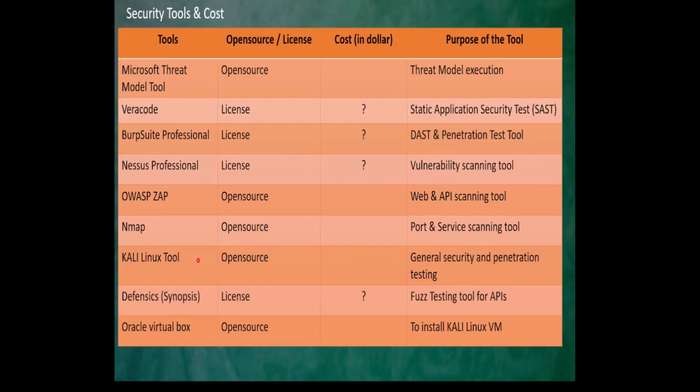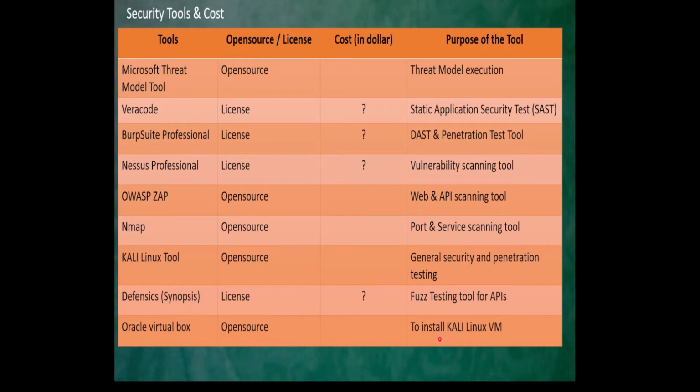Nmap open source. Kali Linux tools also open source. The purpose of the tools I also mentioned here. Defensics, this is license and we need to consider the cost. Defensics is fuzz testing for APIs. Then Oracle VirtualBox we also need sometimes. This is open source, no cost is involved here.